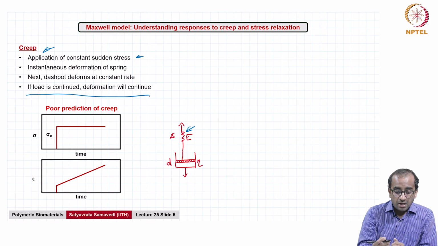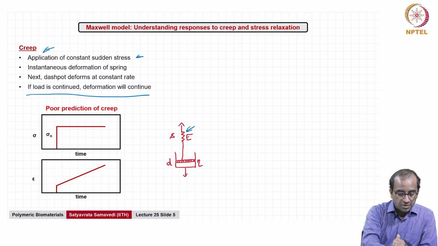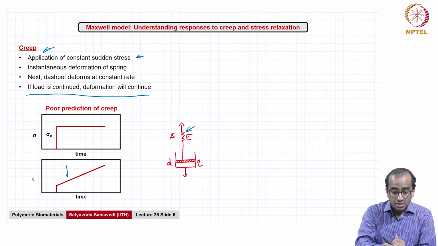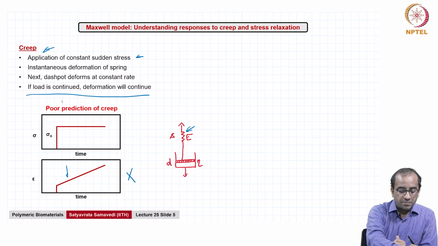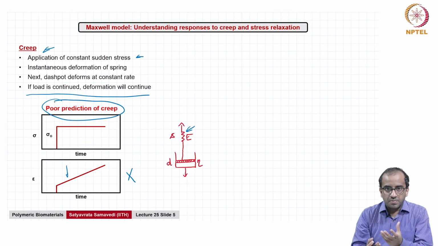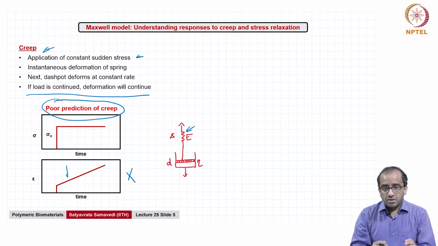But note that this kind of response does not accurately capture what would happen for creep in a real polymeric material. So, this is incorrect. You get poor prediction of creep, and as long as you keep applying the load, the deformation will continue forever. That is the case for creep.